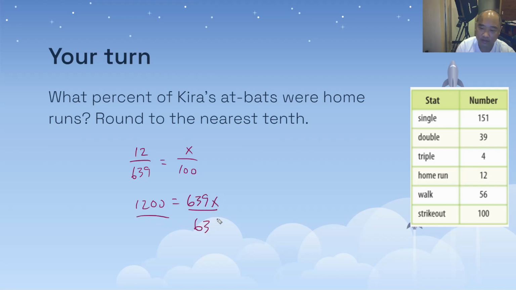Divided by 639. 1200 divided by 639 is 1.87. So we're going to round up because of the 7. So that's 1.9%. Pretty good. Basically 2 out of every 100 times that she goes up to bat, boom, hits it out of the park.